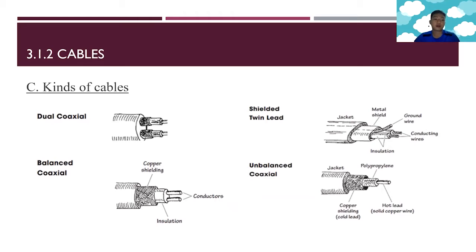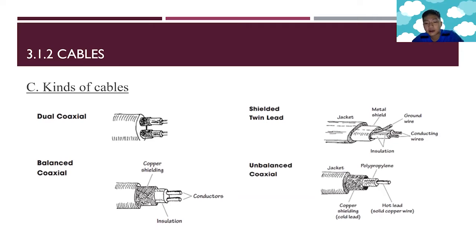The next we talk about balanced coaxial. Balanced coaxial is a cable that has a copper shield to protect the insulation and conductors.